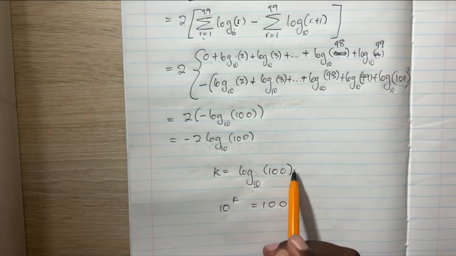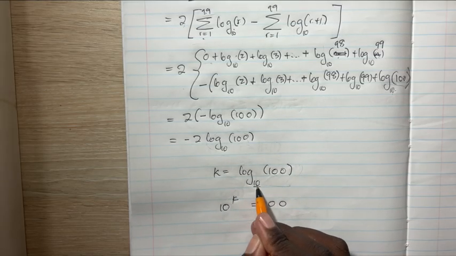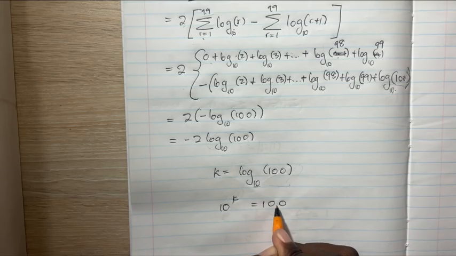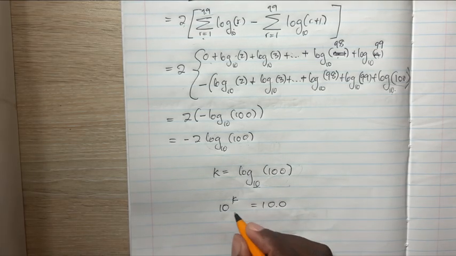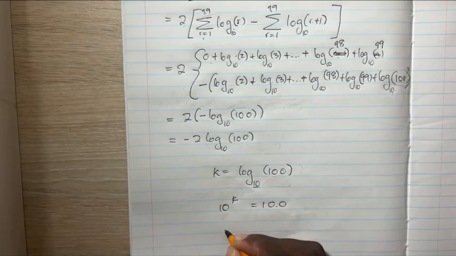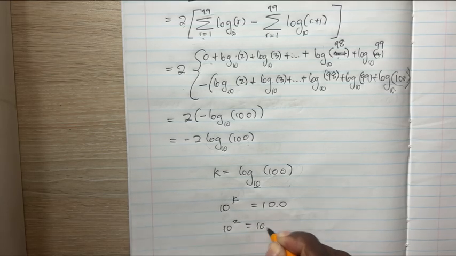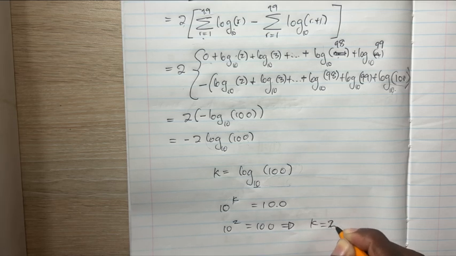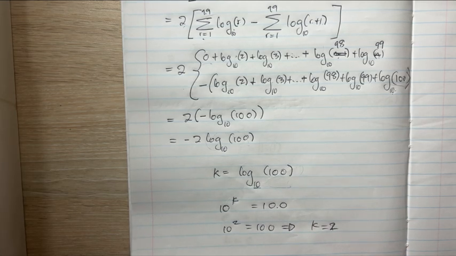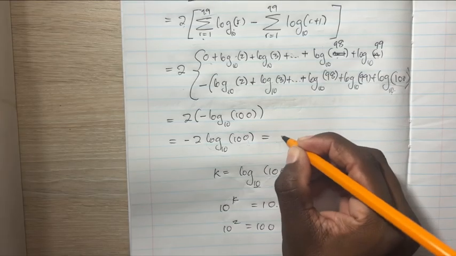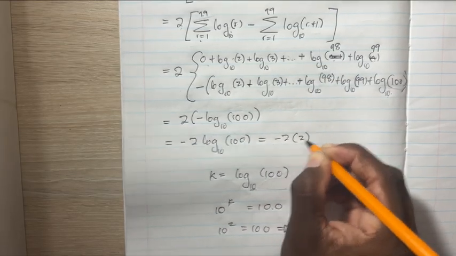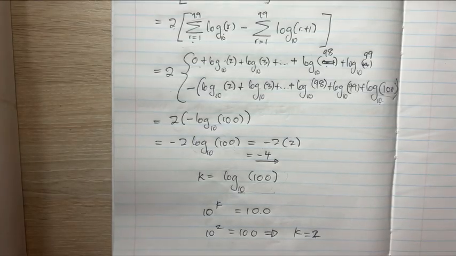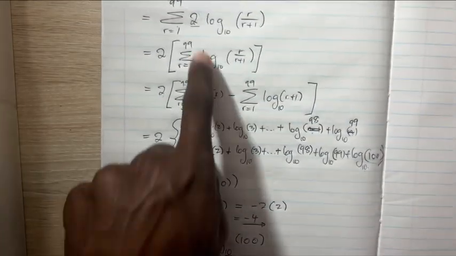That's what log is asking: what is the exponent we have to raise 10 to in order to get 100? 10 squared is 100, so that means k is 2. That's why here we have negative 2 into 2, which gives us negative 4. That's what we have as our final answer to this whole question.